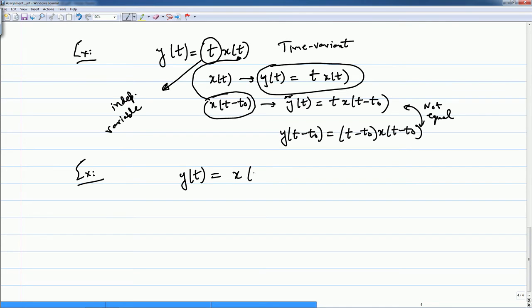Let us look at y of t equals x of 2t. Here is another interesting input output equation, and let us try to find if it is time invariant or time variant. Once again, what is the way to do it? If input is x of t, your output is going to be y of t, and then y of t satisfies this equation. Now, I want to find if input is x of t minus t naught, what will be the output?